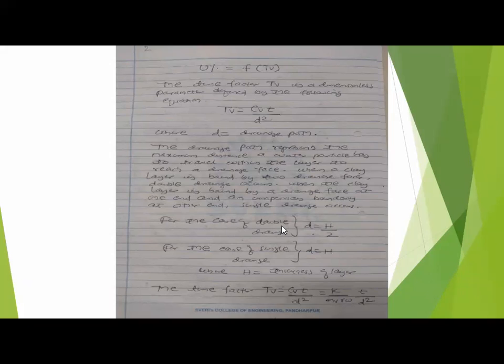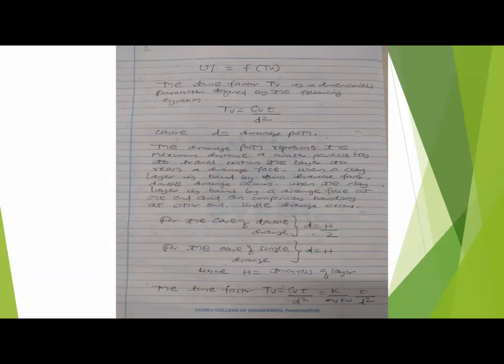Now a little bit confusing it here, so मुझे जरा slow जाने दो, अच्छी तरह आपको बताने दो, especially this topic, because the entire chapter depends on these formulae only. तो याद रखो, degree of consolidation depends on time factor, and time factor is given by C_v t by d squared, where d is equal to drainage path. The drainage path represents the maximum distance a water particle has to travel within the layer to reach a drainage face.